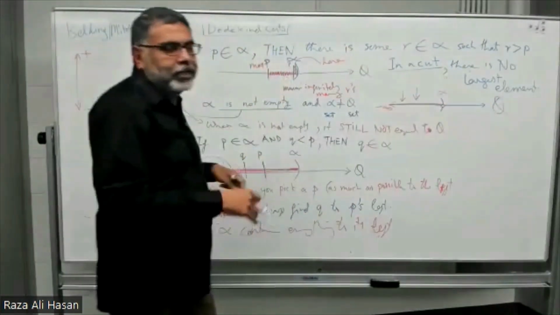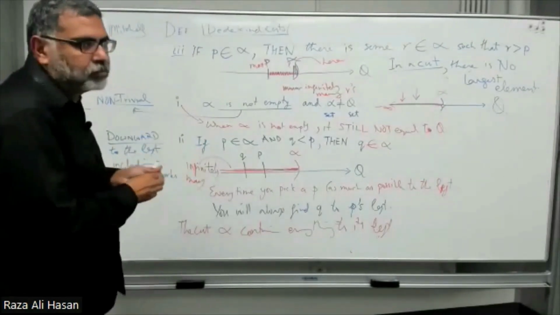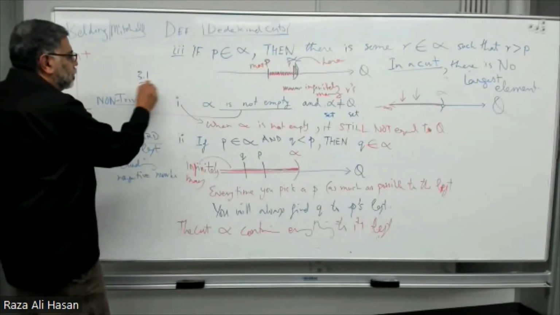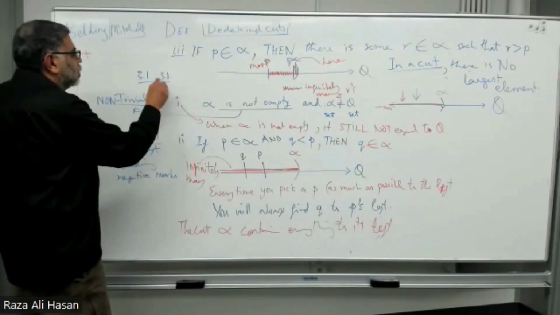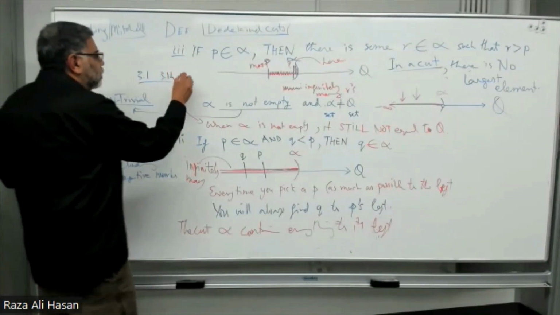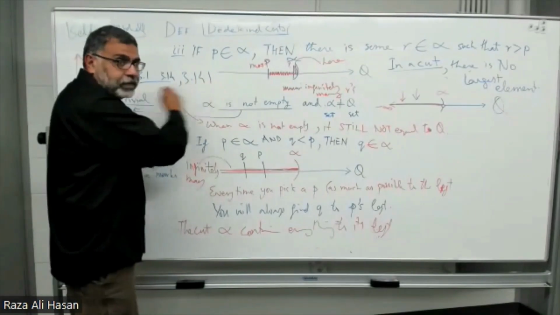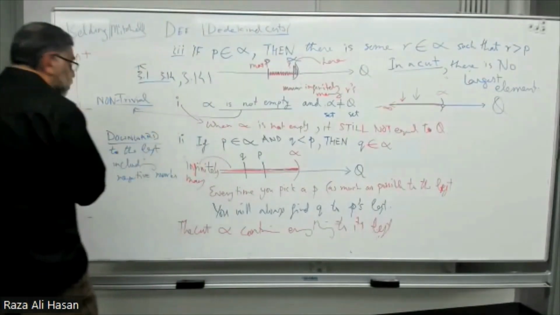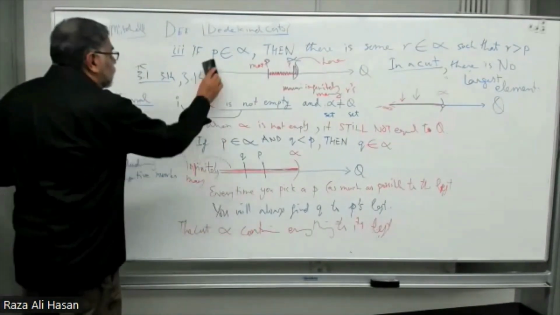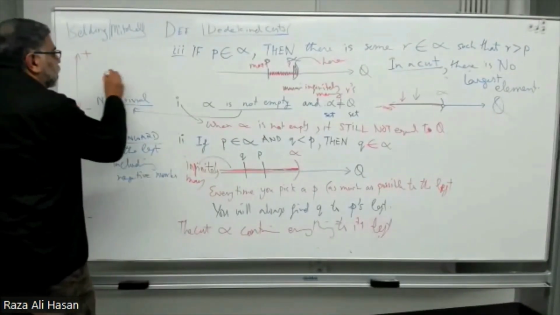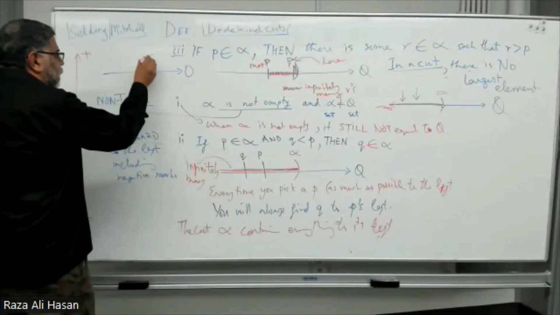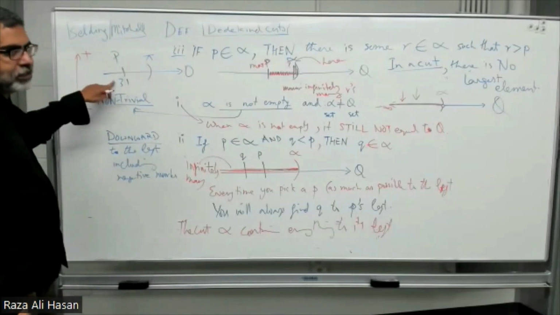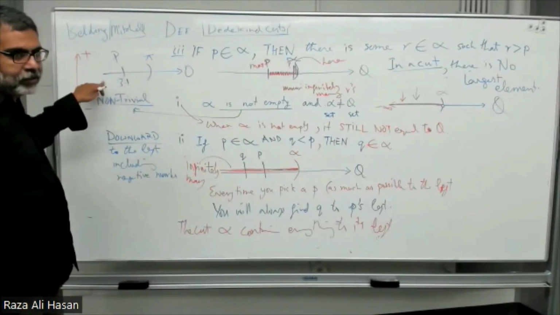Yes, the digits in a decimal, exactly. So you have 3.1, then you have 3.14, then you have 3.141, and it keeps going. This is pi, right? So if pi is sitting here, here is our Q, pi is sitting here, and you say, oh, I found the max number in this subset, which represents pi.